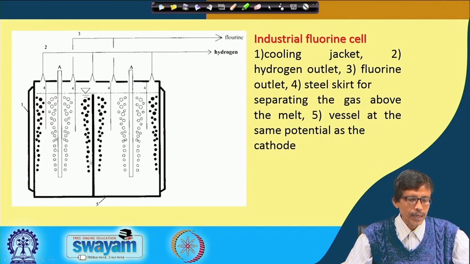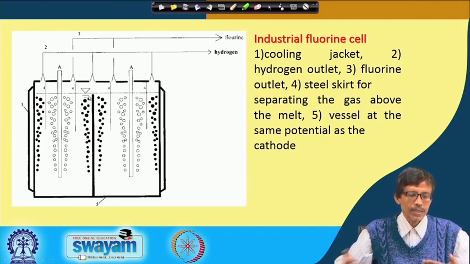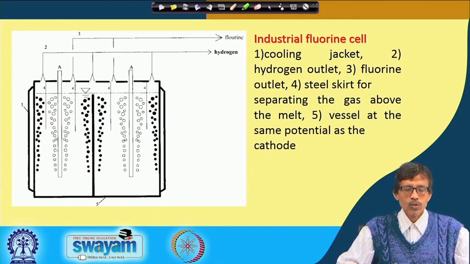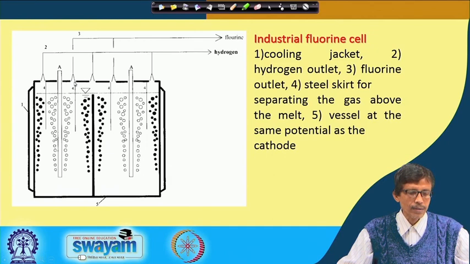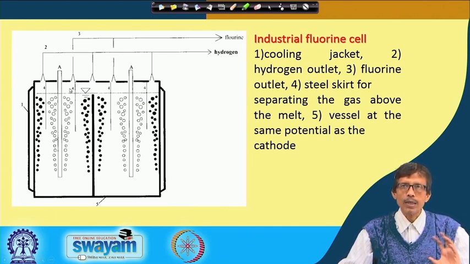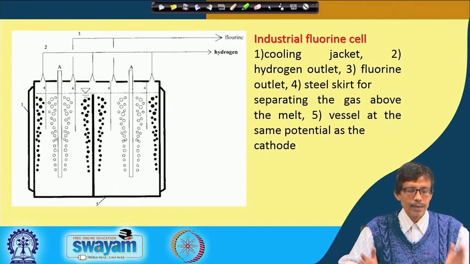So, these bubbles are coming out, and when they accumulate, these bubbles or gases have to leave the melt. When they go up, these steel skirts are hanging from the top, where there is a vacant space where the gases are being stored. So, they are not getting contaminated if they are separated nicely.